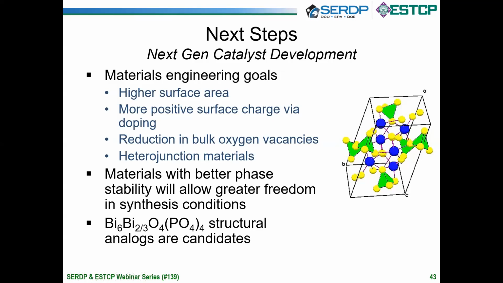And what that will do is allow us a means of tuning this material to our liking as far as improving the stability and also the presence of bulk oxygen vacancies. So we've hypothesized that going to larger ionic radius dopants will give us more favorable properties, and we're in the process of testing that hypothesis now.